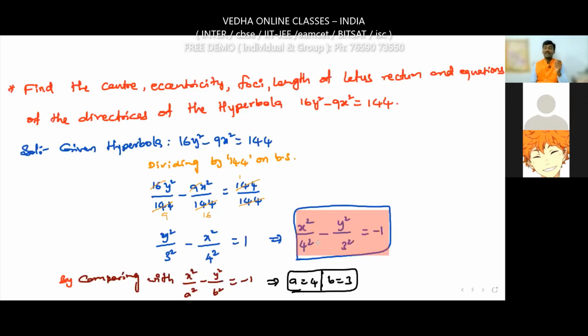Here x square by a square minus y square by b square is equal to minus 1 is a hyperbola equation.